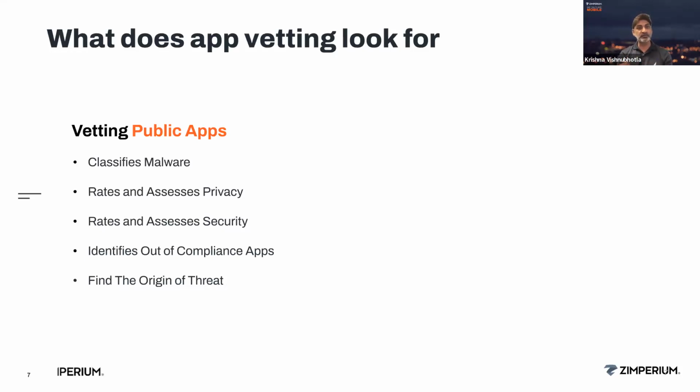But a lot of times when we tell enterprises the data is going to Russia, South Korea, China, it raises a red flag. So where is the data going? Where are these URLs going? What are these IPs? So when we are vetting public apps, we're looking at whether they pose a threat to your privacy or security, and we're trying to rate the app.